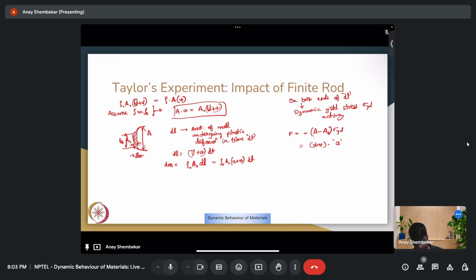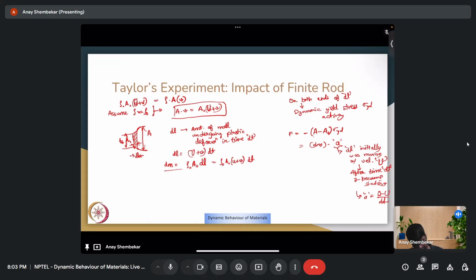And what is the acceleration? What is this acceleration a? dl initially was moving with velocity u, and after time dt it became stationary, which means that our acceleration is nothing but minus of 0 minus u by dt.